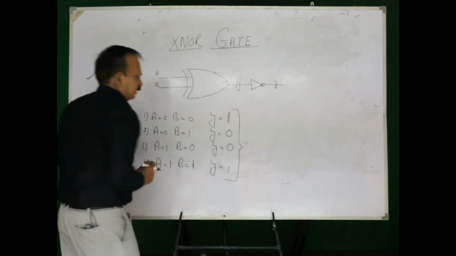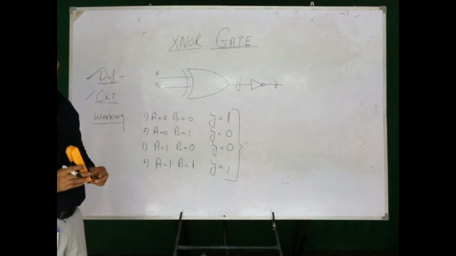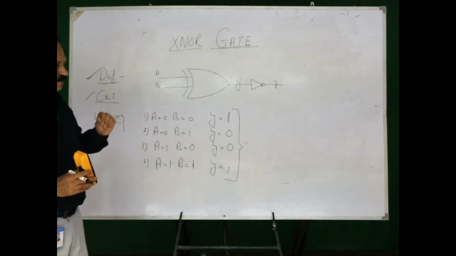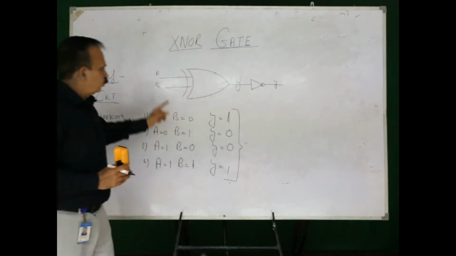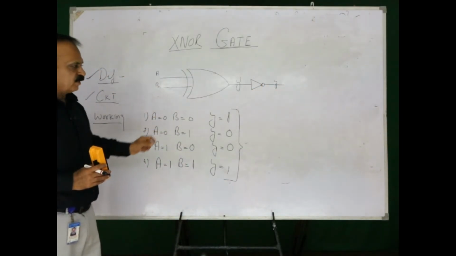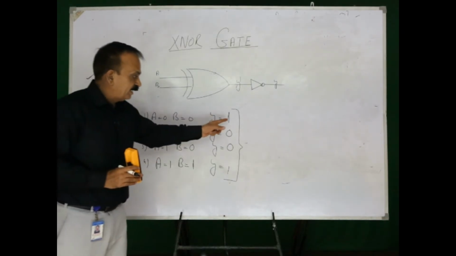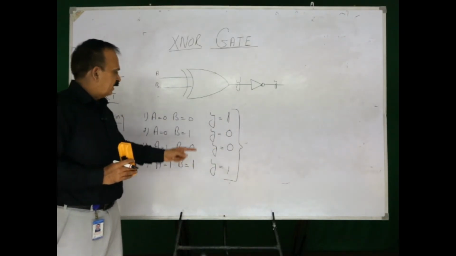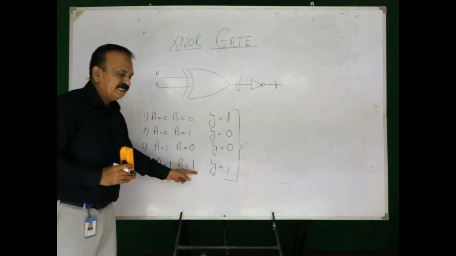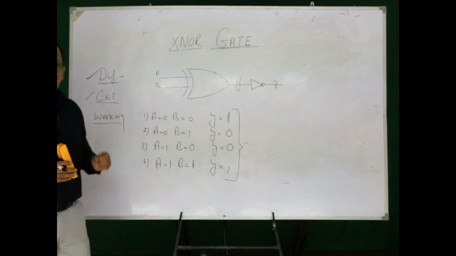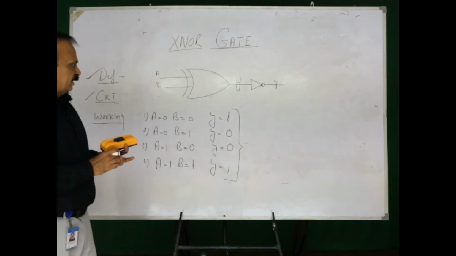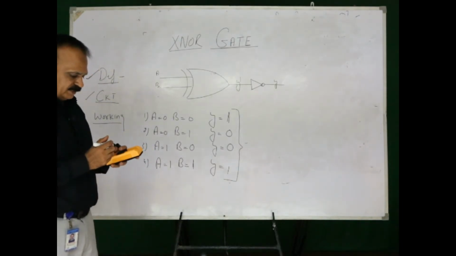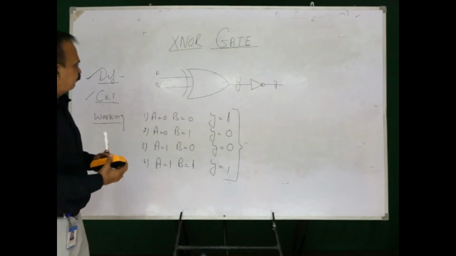This is very clear from the working, the definition. It is a circuit with one output, two or more inputs. The output will be high when the number of high inputs are even.